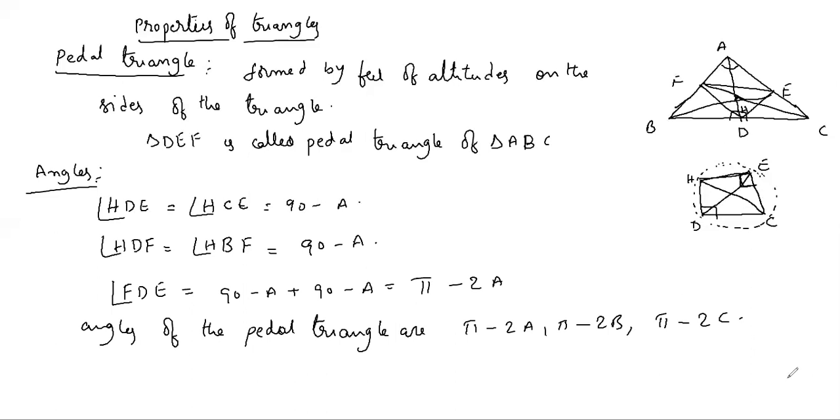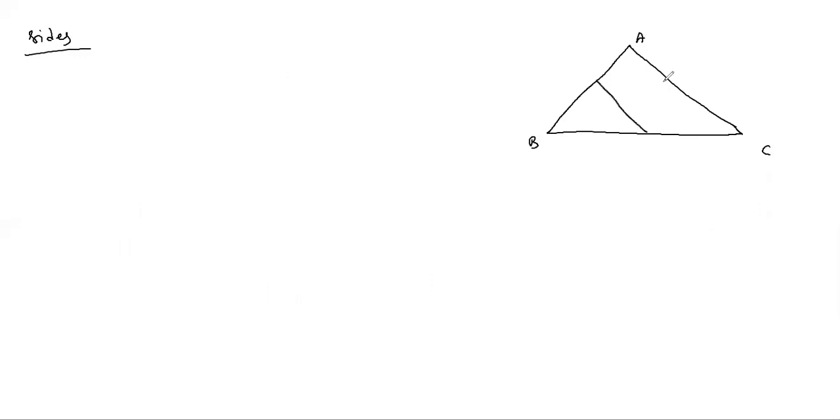Next, we find the sides. This is 90 minus A. This is also 90 minus A. So now we have to find the side DE or EF or FD.